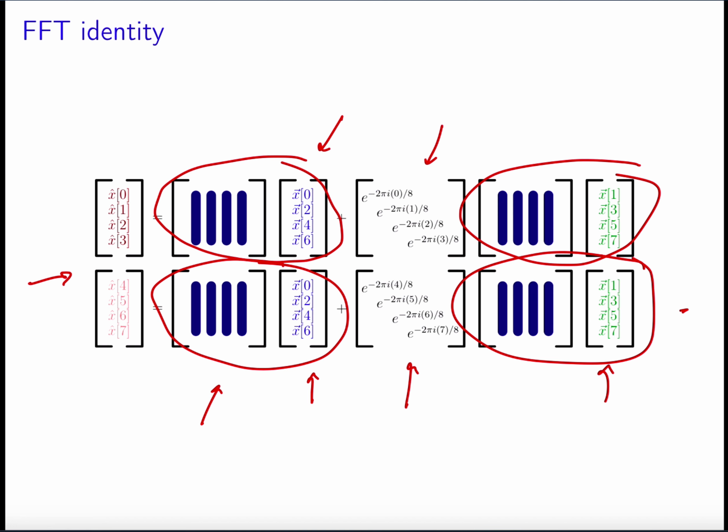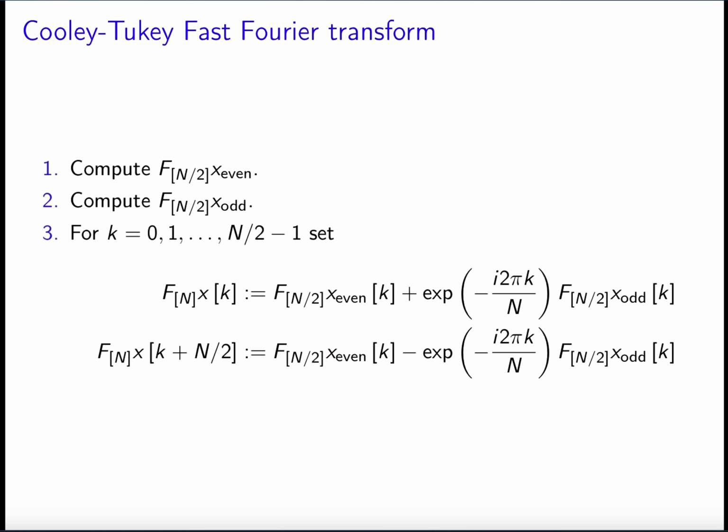Like this, you can compute the n times n DFT matrix using only n-half times n-half DFT matrices. And this is what gives you the recursive Cooley-Tukey Fast Fourier Transform. You take the DFT transformation of the even entries. You take the DFT transformation of the odd entries.